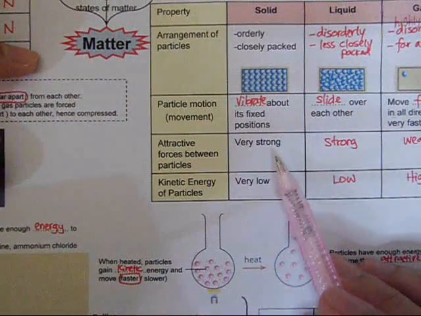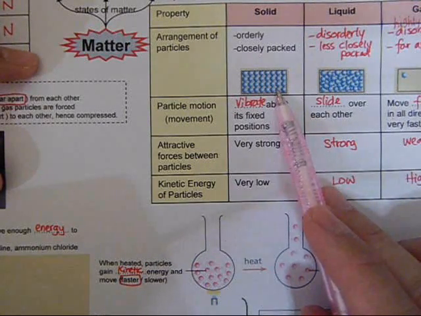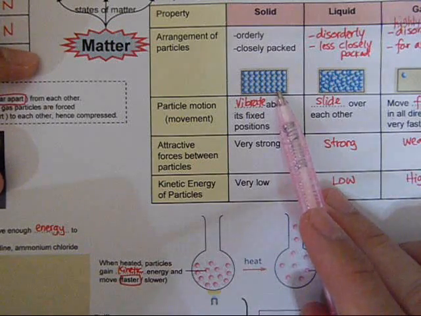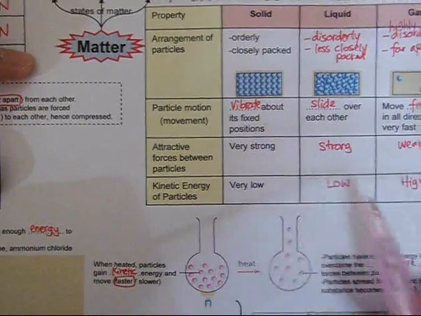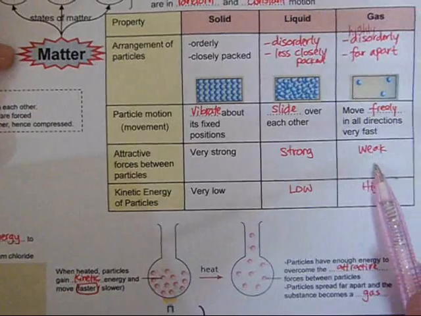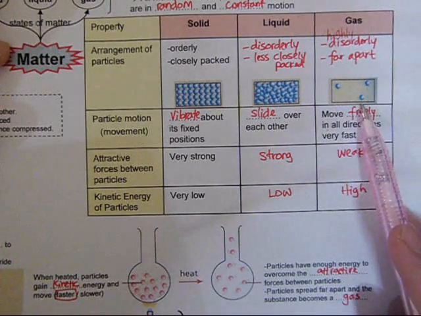Attractive forces. For solid, all the particles are strongly attracted to each other. That means the attractive forces between the particles are very strong. That's why they are all very close to each other. For liquid, it is just strong, and then for gas it would be very weak, because all the particles are very far apart from each other.